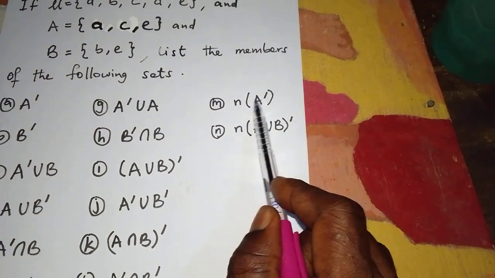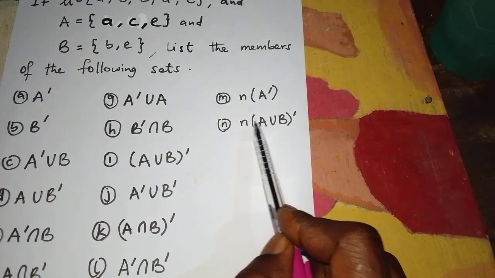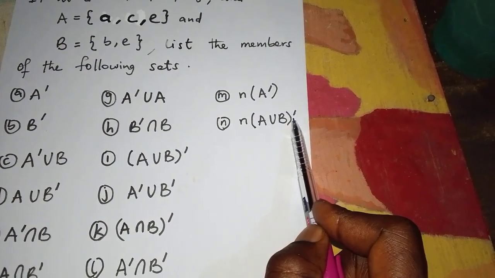Number of elements in A complement, number of elements in A union B complement.